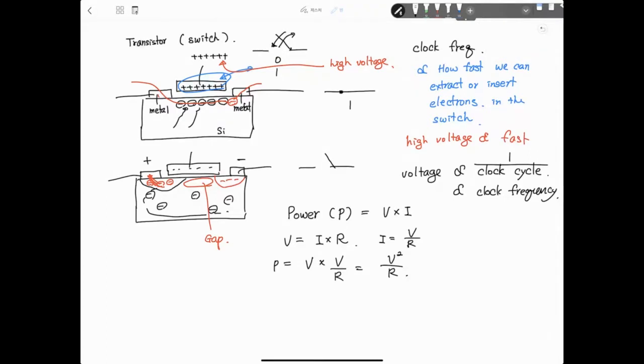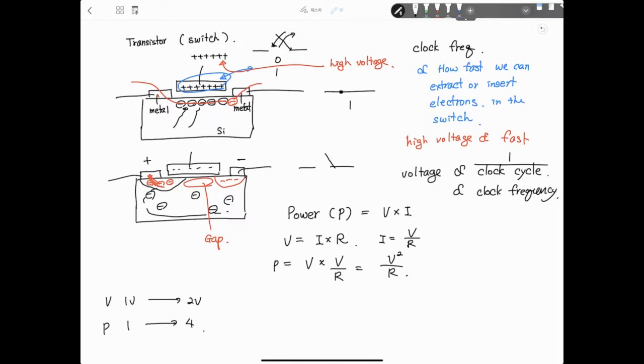If voltage goes from 1 volt to 2 volts, power consumption goes from 1 watt to 4 watts, because the resistance is not changing.